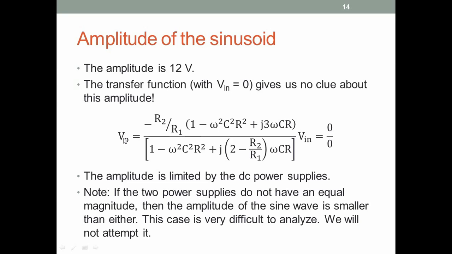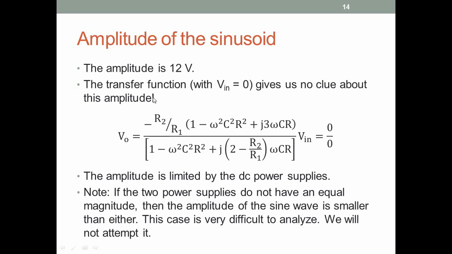There is no way, in fact, of finding the amplitude of oscillators from such linearized equations. Linearized equations do not tell us the amplitude, because the amplitude of sinusoidal oscillators is actually determined by the nonlinearities of the amplifier circuit.